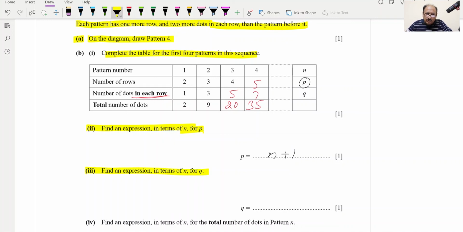Q is basically the sequence which we can write 1, 3, 5, 7 and so on. So there is a difference of 2, so we can write 2n minus 1. For 2 it will be 4 minus 1, 3. So this formula will be working like this.